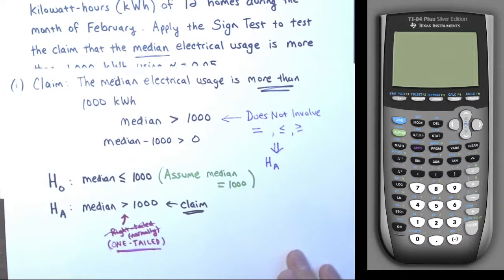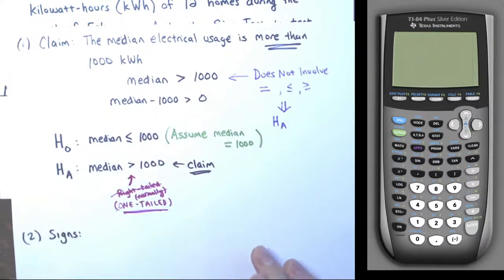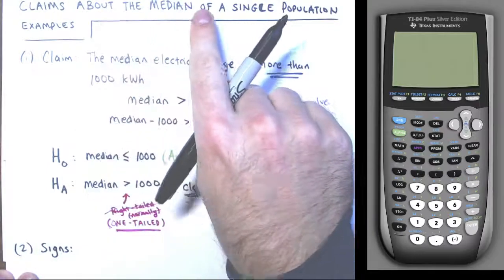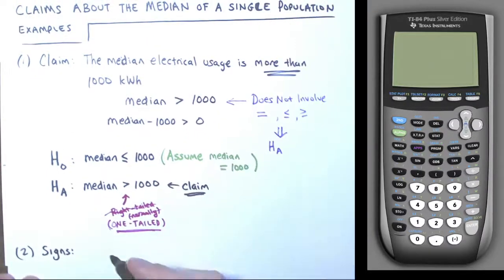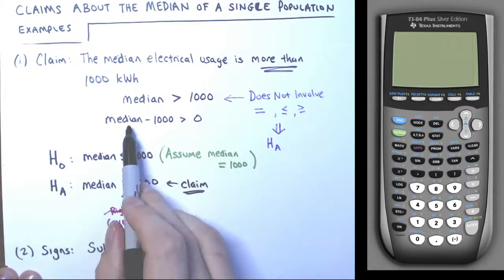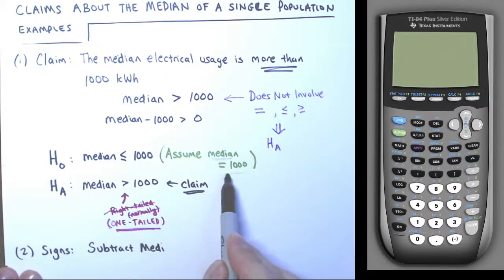Okay, 2, the signs. Now, for a median test, for these tests involving claims about a median of a single population, we'll just subtract the median from all the values. Remember, we're assuming the median is 1,000. This is being assumed in the null hypothesis.